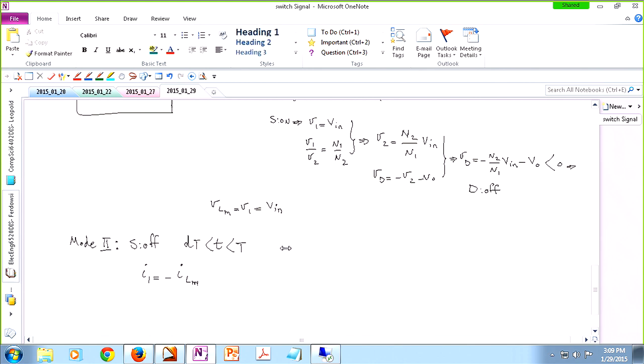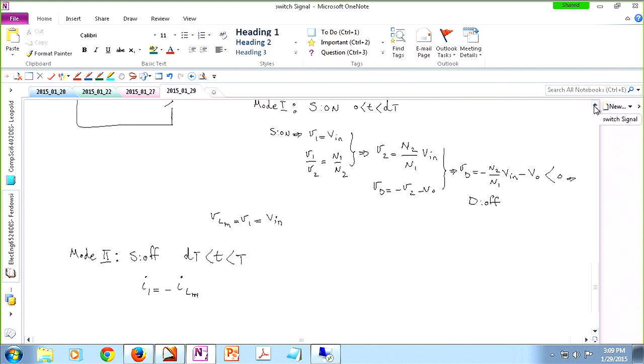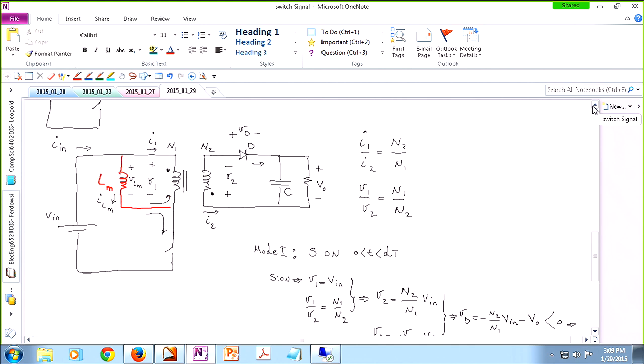Remember, this is the current of the primary side, flowing from top to bottom. But the current of the magnetizing inductance is the same current flowing from bottom to top, so they are the opposite of each other.